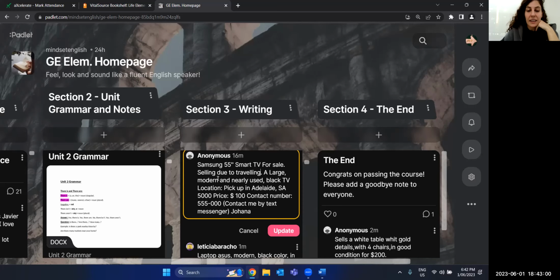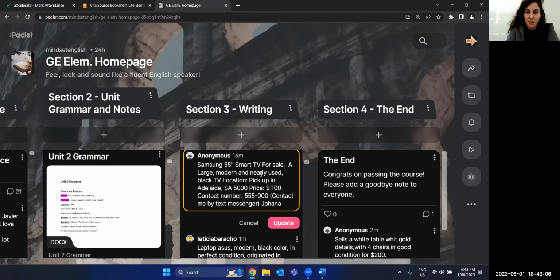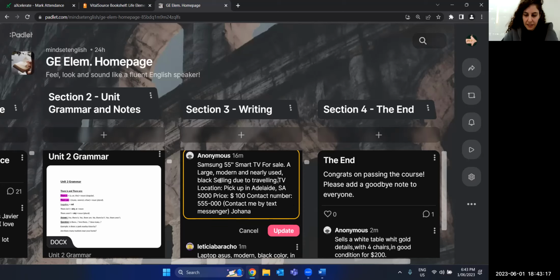Traveling. A large modern, I might put the reason why you're selling at the end. So always give description first. So I might put the reason near the end.